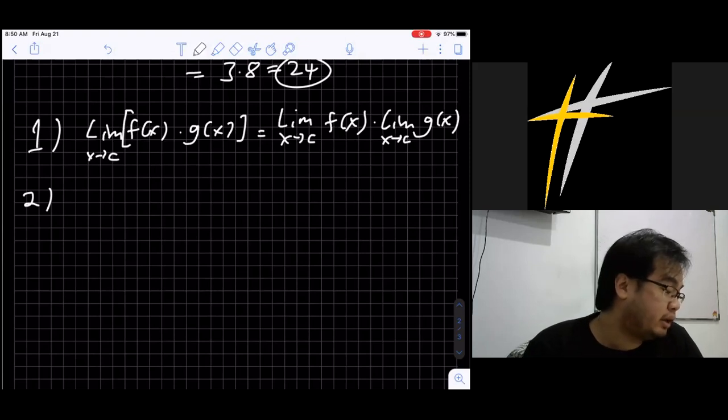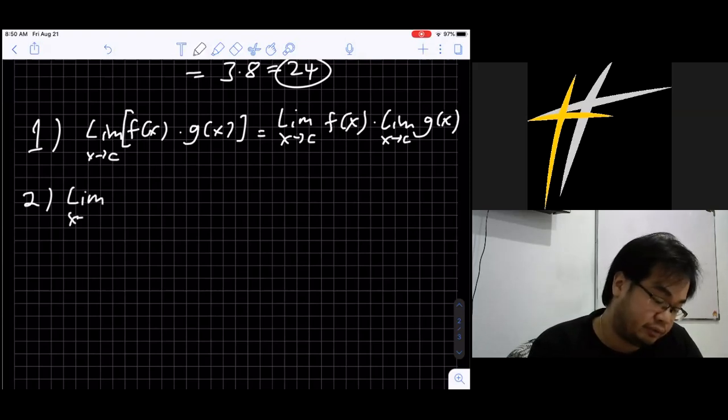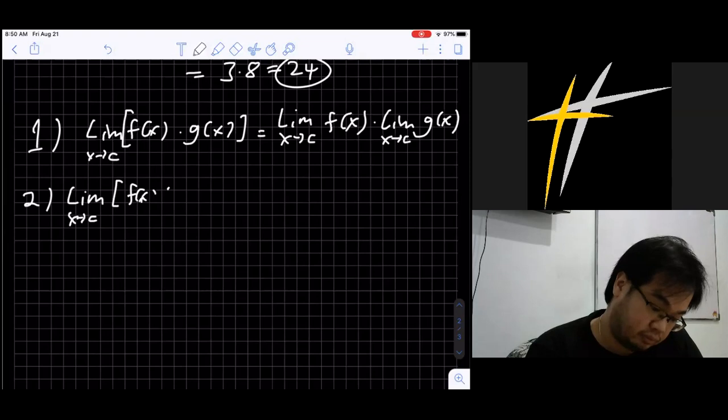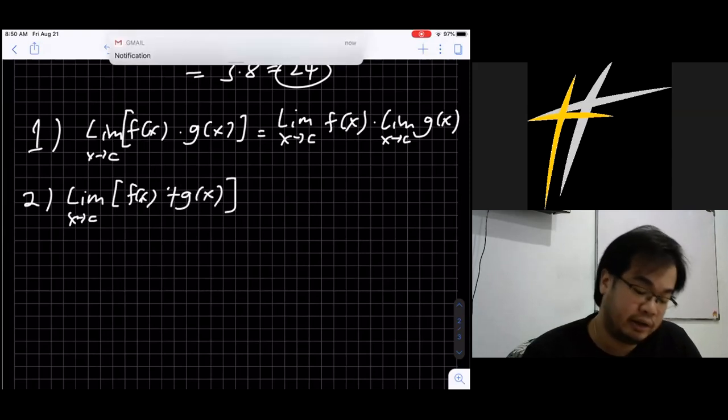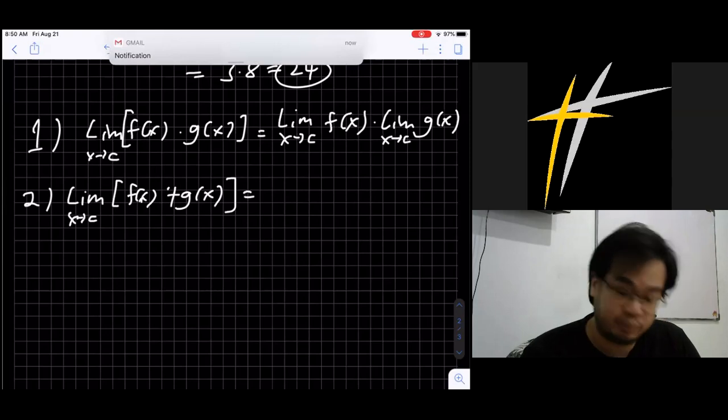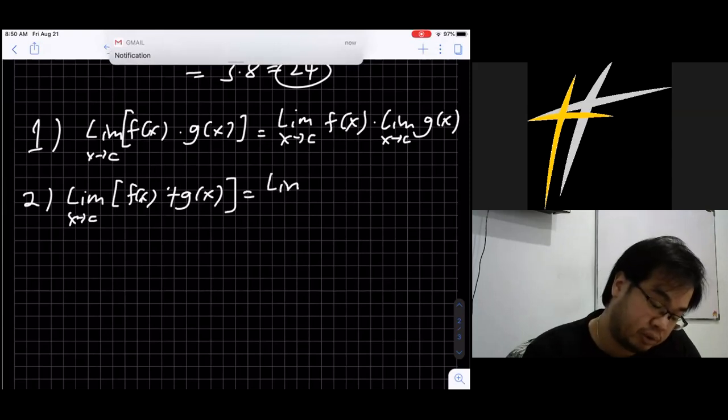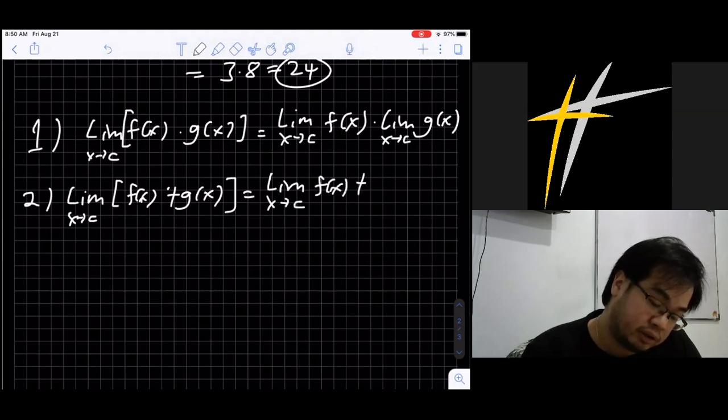And then the next one is a limit of a sum of two functions. So if I have the limit as x approaches c of, let's say, f(x) plus g(x), then, like multiplication, I can split it into the limit as x approaches c of f(x) plus the limit as x approaches c of g(x).